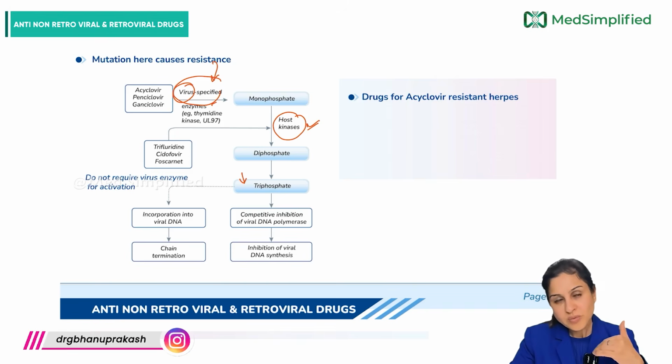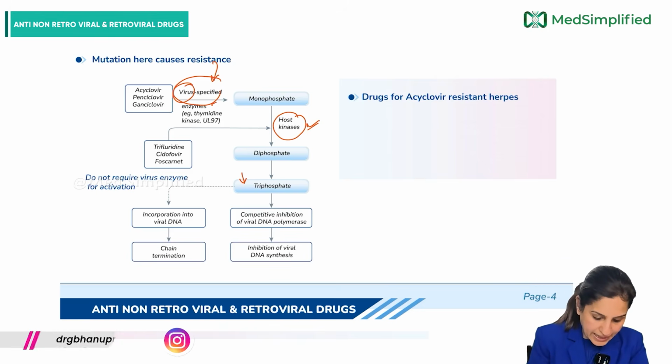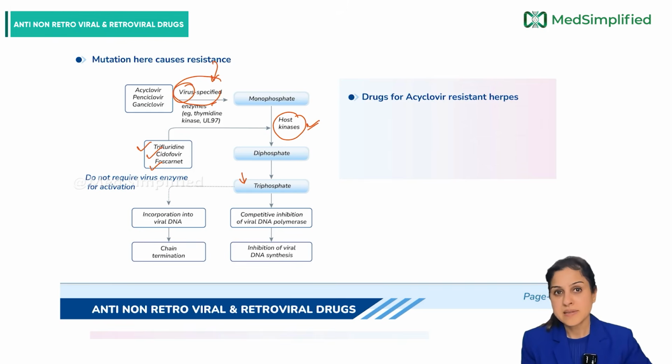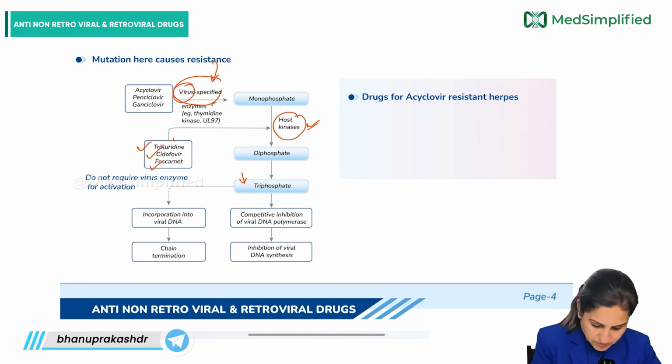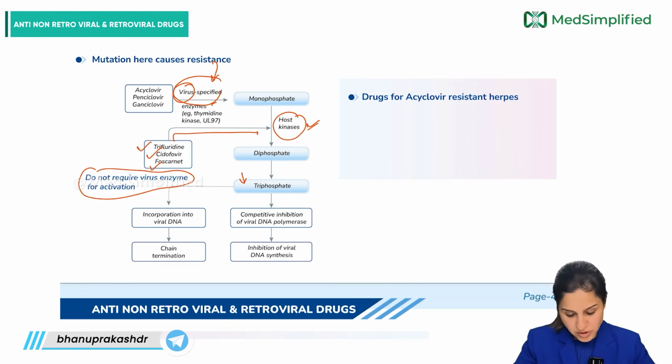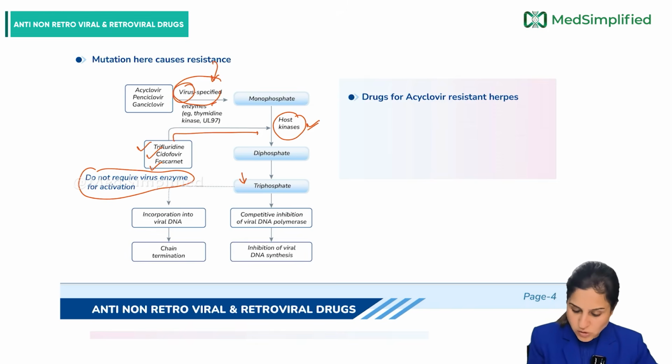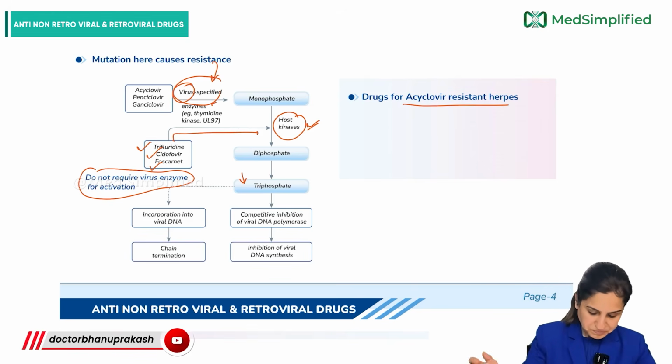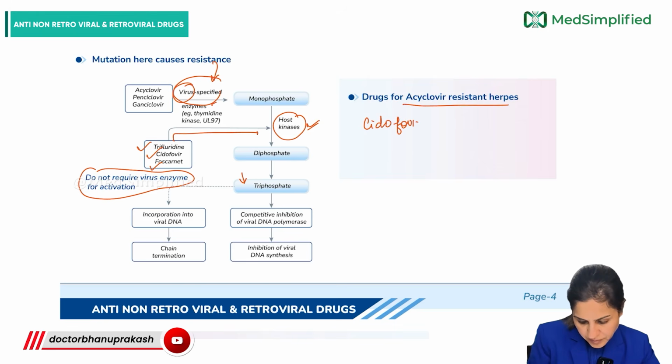For this, we have some other drugs like cidofovir, foscarnet, and trifluridine, which bypass that step. These drugs do not require any virus enzyme activation, so they bypass the virus step. They can be given in case of acyclovir-resistant herpes.